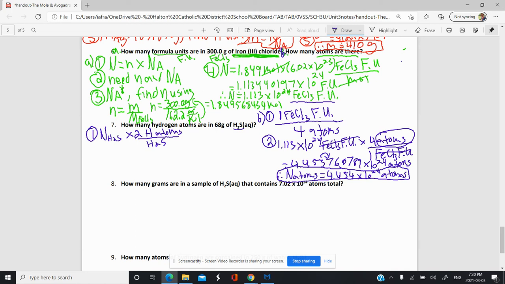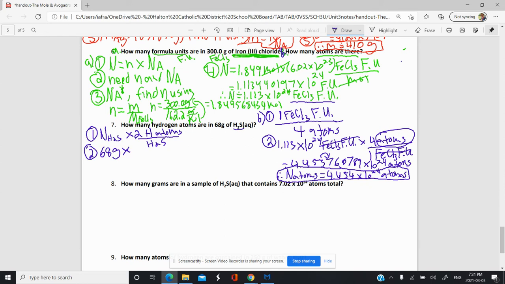So let's go ahead and find the number of particles. I'm going to use conversion factors only right now. So my first step is to get to moles. So I have 68 grams, and I'm going to multiply that by my molar mass conversion factor.